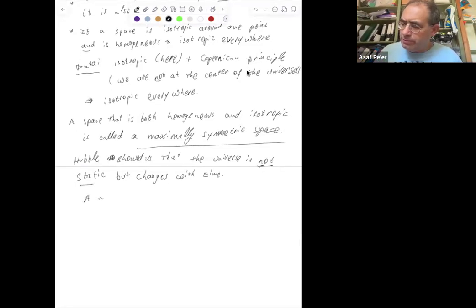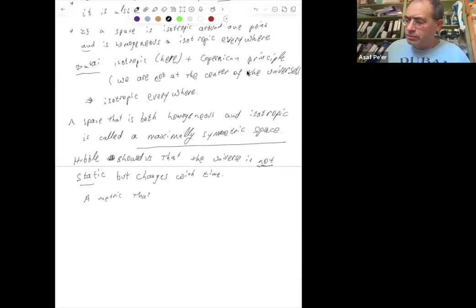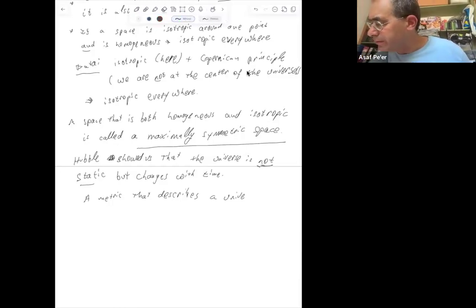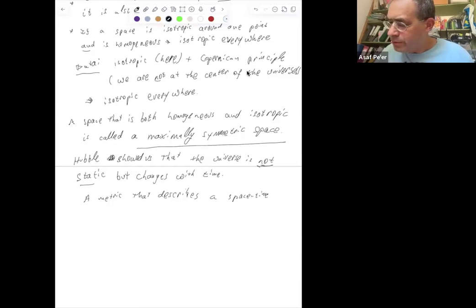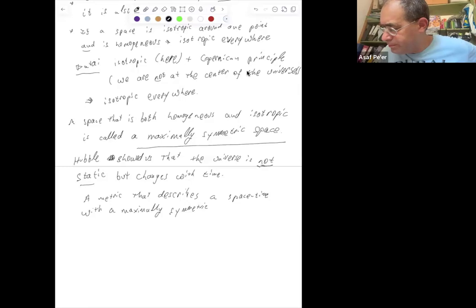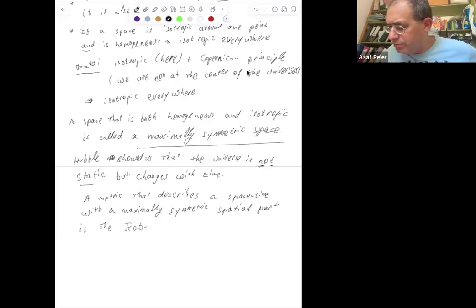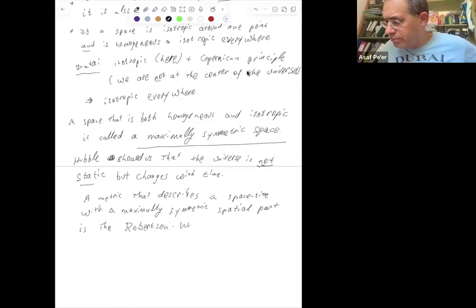So a metric that describes a universe or space-time, doesn't matter, with a maximally symmetric spatial part is the Robertson-Walker metric.